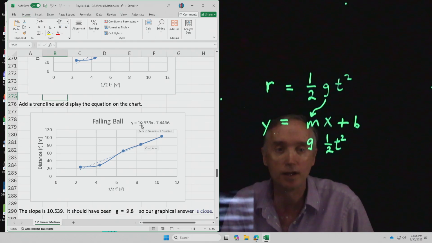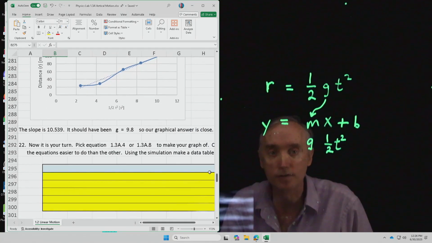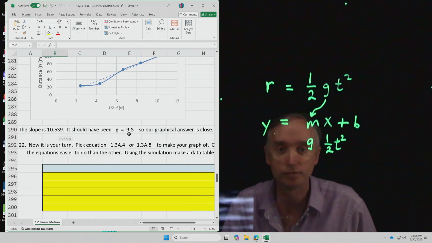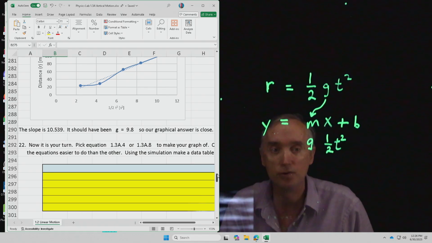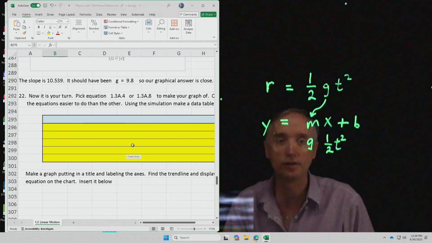And then it's got the equation of the straight line. And then the slope was this number, and it should have been that number. So the graphical answer is close. So now it's your turn. So I'm giving you, here's a blank chart that you can fill in.